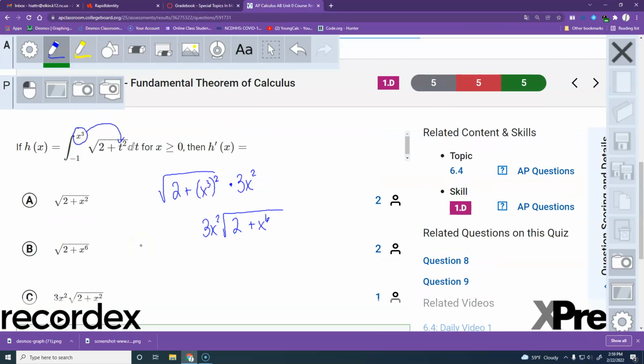Let's say we're integrating from 3 to x of t squared dt, and we are taking the derivative of this. This is a different problem, not this problem. But when you take the derivative of an integral, you take the upper limit, plug it in for the t, which gives you x squared.